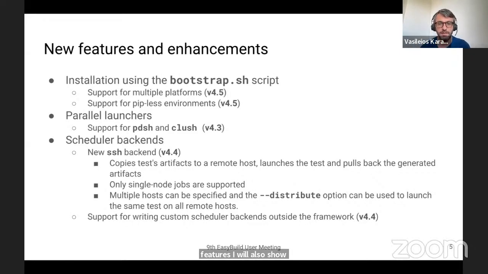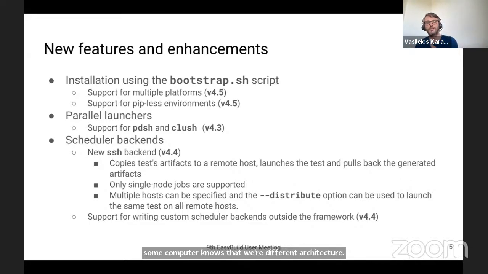First thing is that if you install through the Bootstrap script, there is now support for multiple platforms. What was happening in previous versions was that, for example, if you had a login node and some compute nodes of a different architecture, and you wanted to run ReFrame from the compute nodes, that wouldn't be possible.